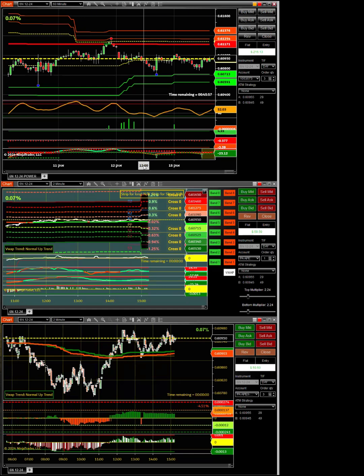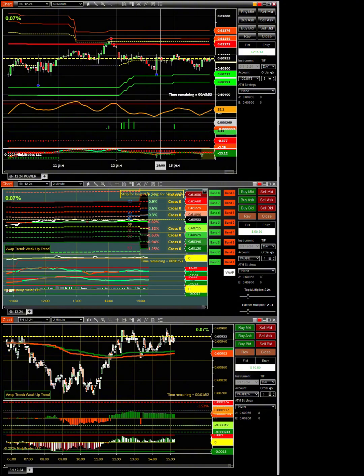But if you have time during the day, this tool is amazing, the power trend. I think that being a trader is the most paying profession, as if you trade well, you're going to have lots of money.